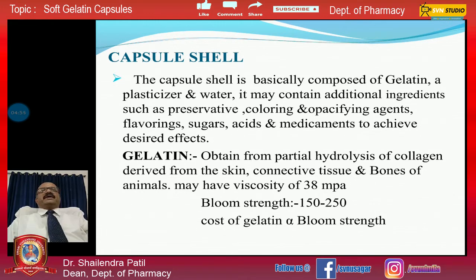It may have a viscosity of around 38 cps. The bloom strength should be 150 to 250, and the cost of the gelatin is dependent on the bloom strength of that shell.